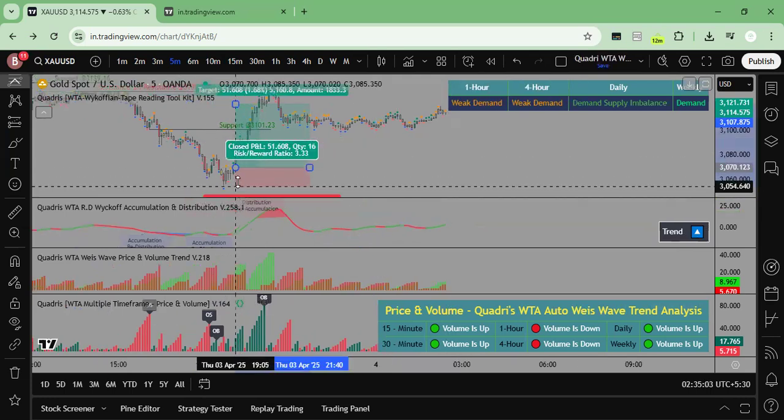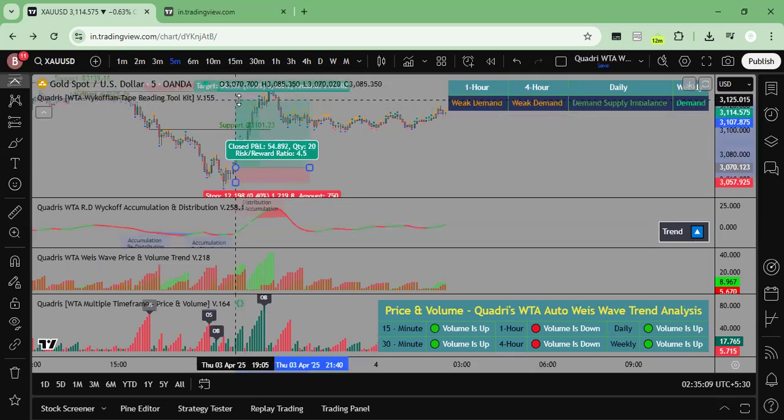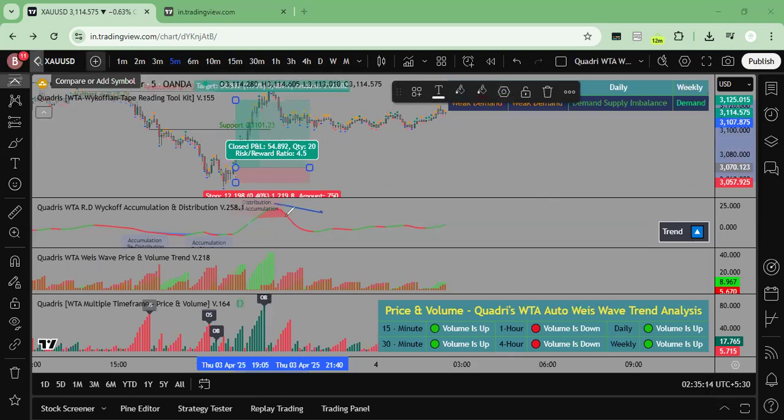My stop loss is at this particular point, and this is the place wherein this distribution came in.